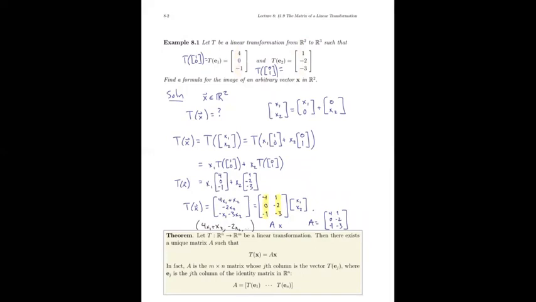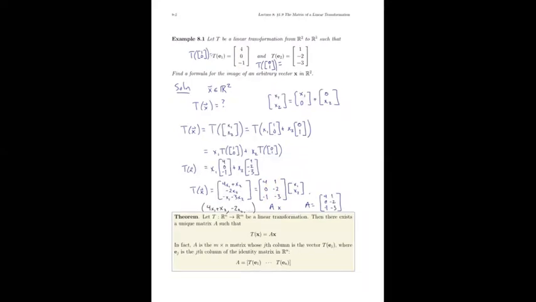But now that we've done it as is, we see that it's plausible. We have more or less a justification, but not a proof, for the theorem that's down below. If T is a transformation from Rn to Rm, then there's a unique matrix A such that T(x) = Ax.